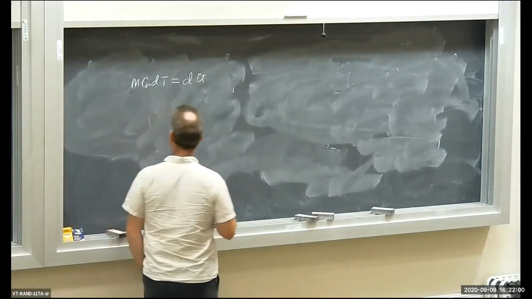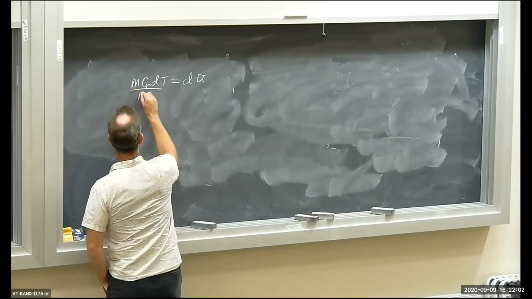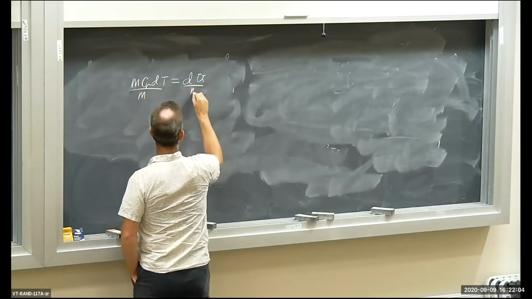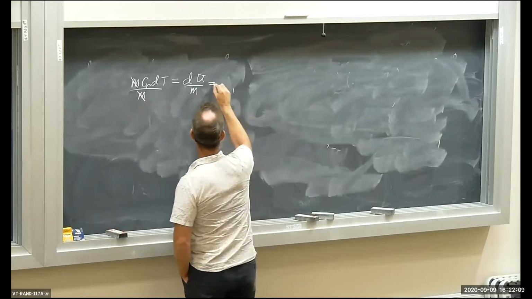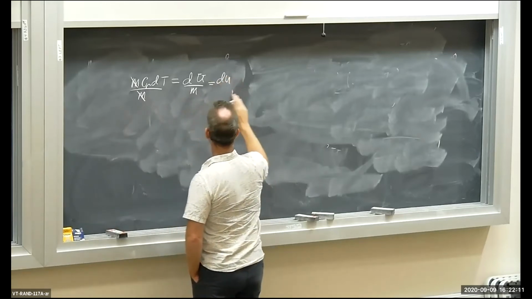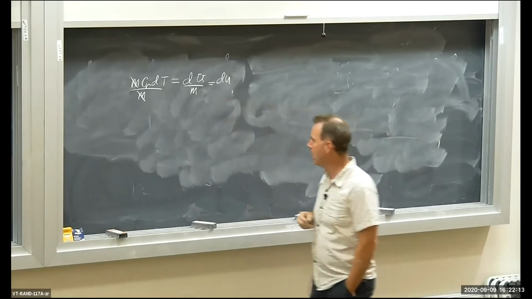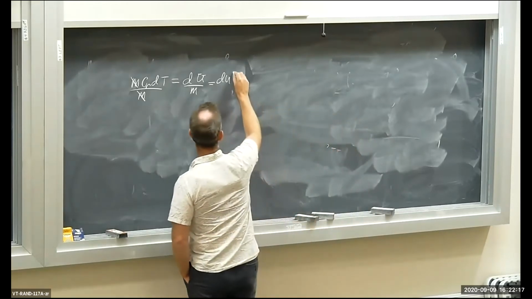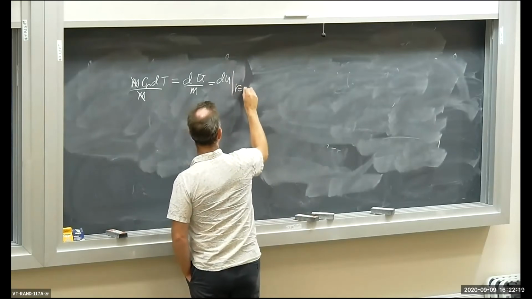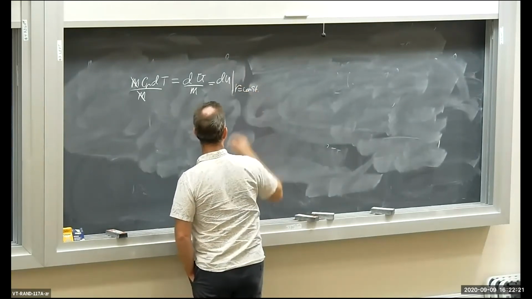Now let me divide this equation by mass. Well, the mass cancels out here, and then this becomes specific internal energy. Okay? Now remember here, this was for a constant volume process. So I do want to say here, volume equals constant, isochoric process.